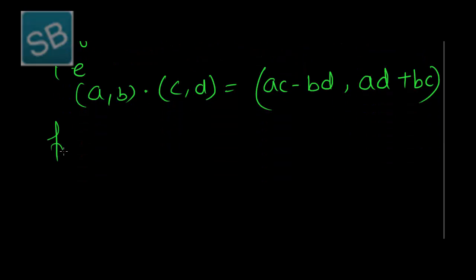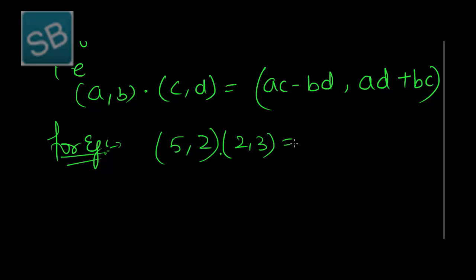For example, ordered pair (5, 2), product (2, 3). It gives A into C, where A, B, C and D are the elements of the ordered pairs.